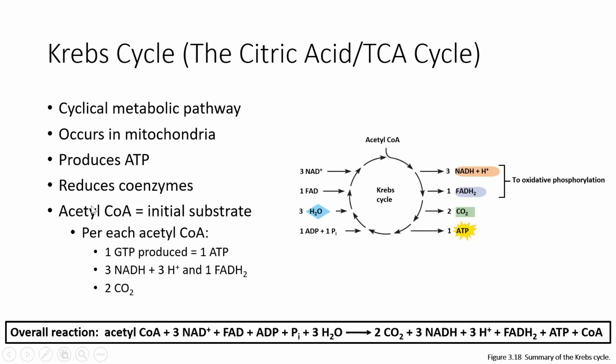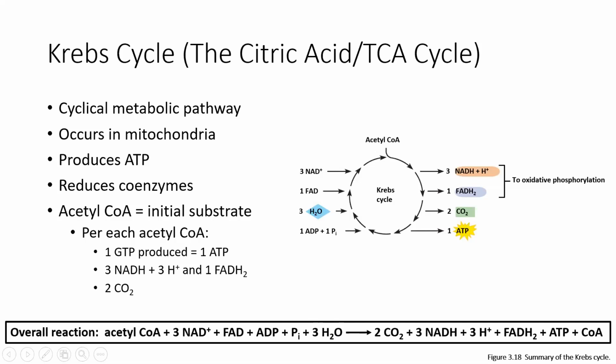Okay, so acetyl-CoA was our initial substrate. And then we produce ATP, the electrons that we mentioned, and then CO2. So bringing it down to our overall reaction here at the bottom of the screen, we invest acetyl-CoA, we invest the oxidized form of these carrier molecules, including FAD. We invest ADP, which is the unphosphorylated version here, and then we have to invest water.